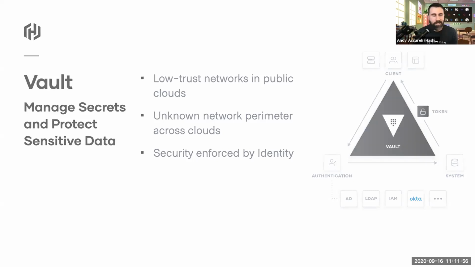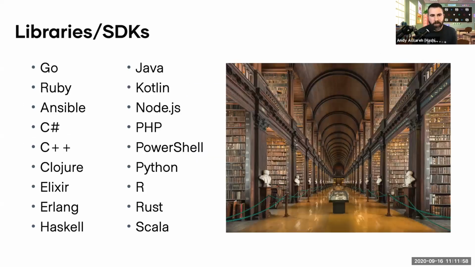Speaking of developers, Vault being open source, we have a very vibrant and strong community around it today. This tool's been around a long time, and this is just a sampling of some of the libraries and SDKs that are available to integrate with Vault in your application. But in addition to these shown here, we also have some no-code tools, such as Vault Agent, highly underrated.